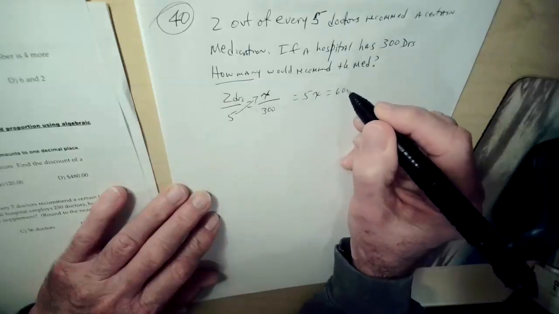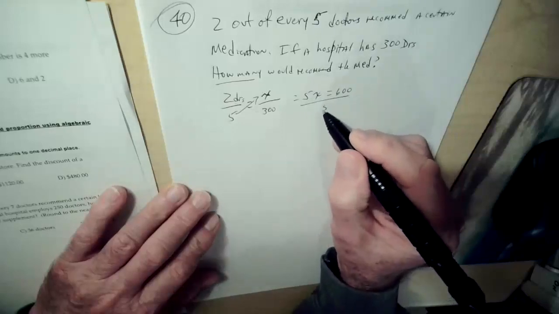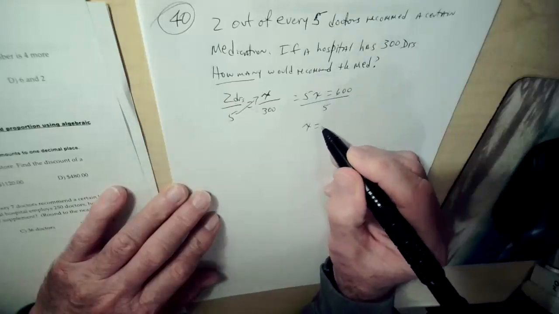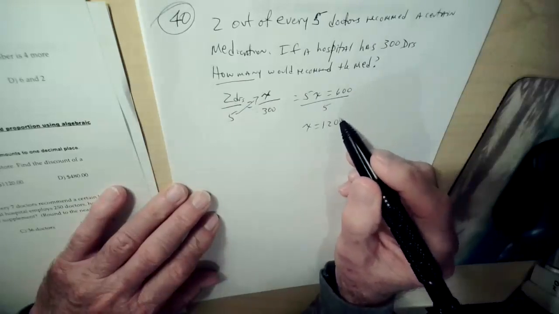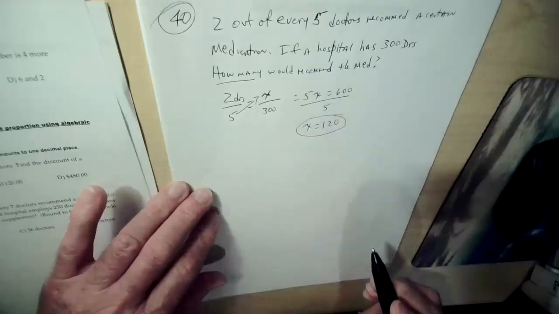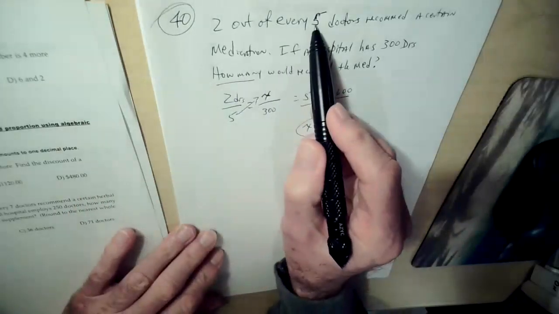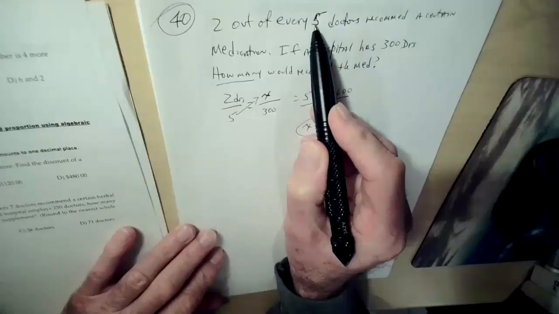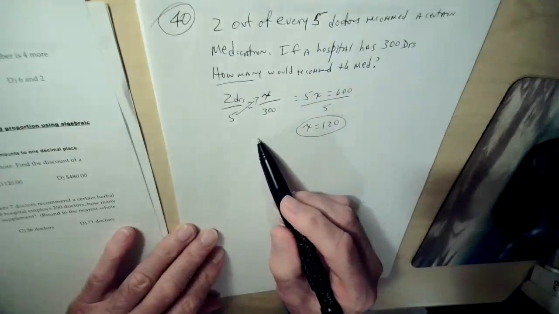Okay, it's real simple. We cross multiply. 5 times x is 5x. 2 times 300 is 600. Very simple algebra. Divide by 5. X is 120.